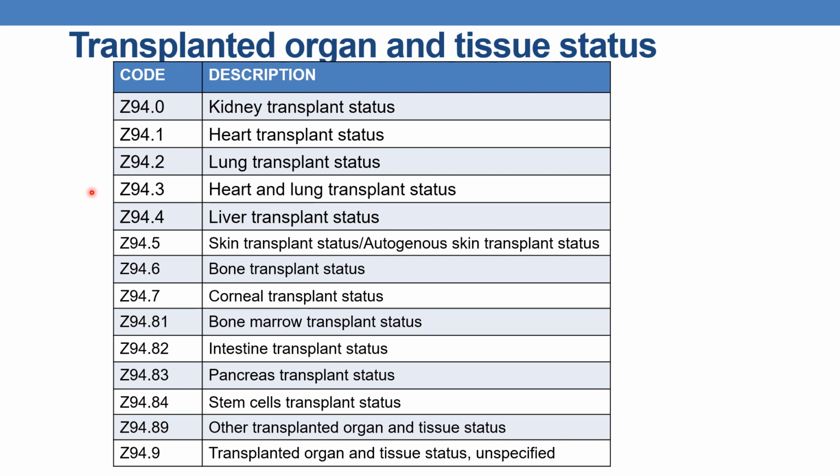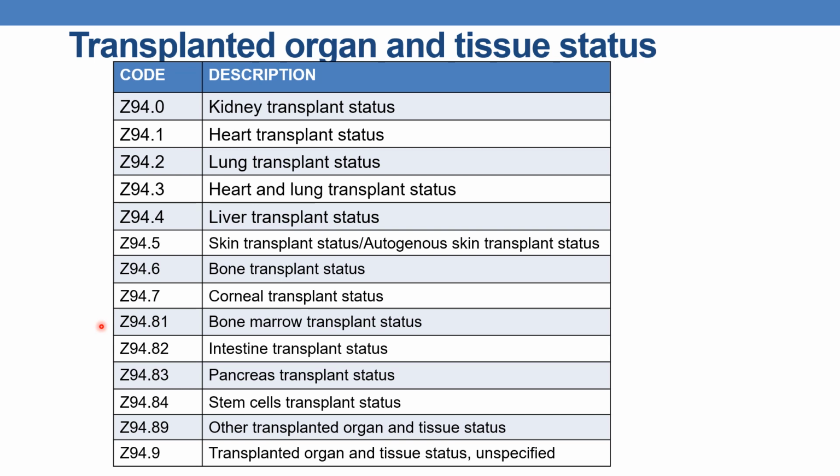Z94.3 is for heart and lung transplant status. And Z94.4 is for liver transplant status. Z94.5 is for skin transplant status or autogenous skin transplant status. And Z94.6 is for bone transplant status. Z94.7 is for corneal transplant status.